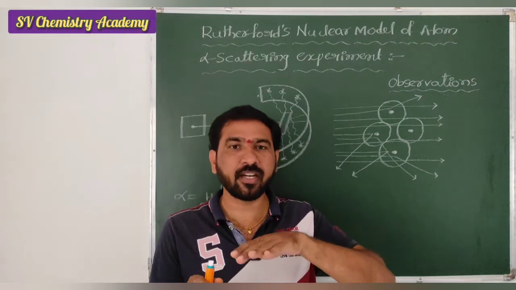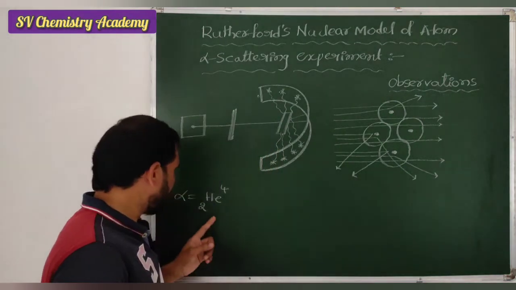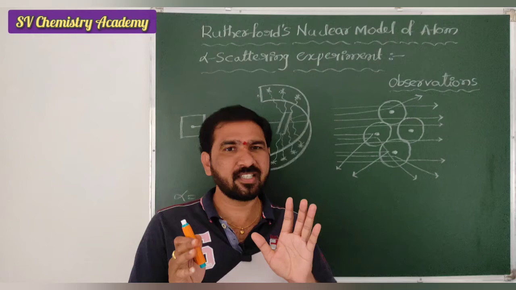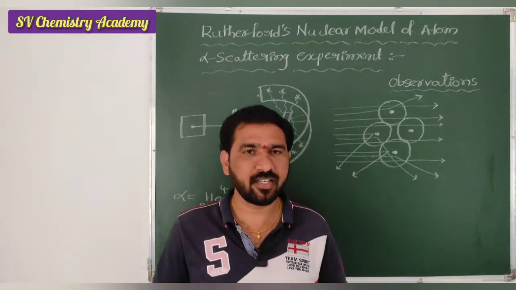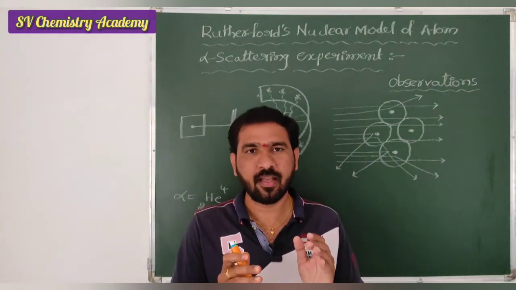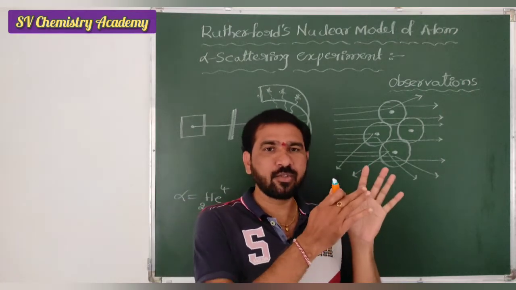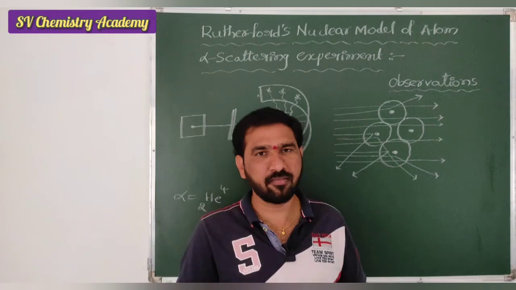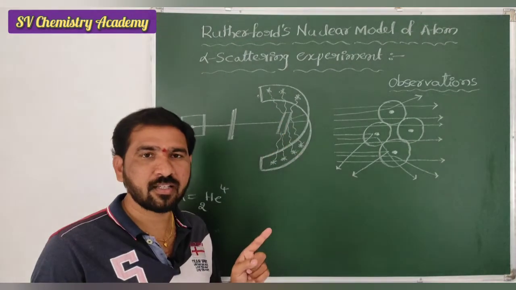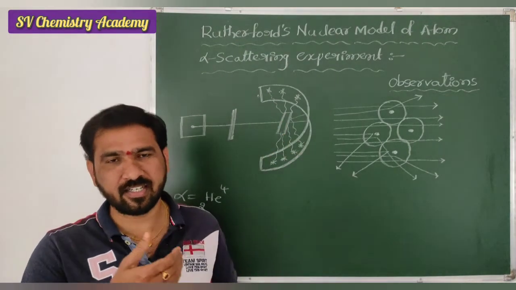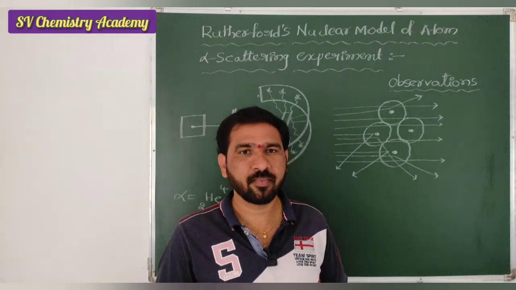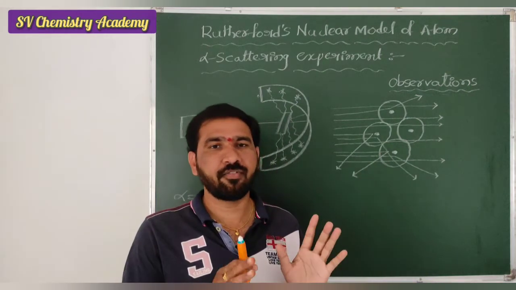If so, the positive charged alpha particles would be deflected very fast because of like charges: between like charges repulsion is generated, between unlike charges attraction is generated. So if the positive charge were spread throughout the atom as presumed by the Thomson model, all alpha particles would be deflected readily. That did not happen here. By this point, the Thomson model of atom failed.